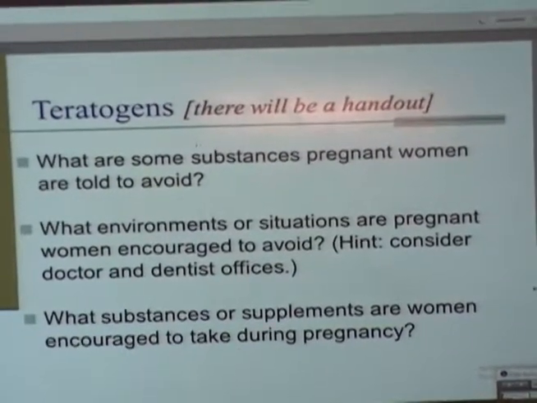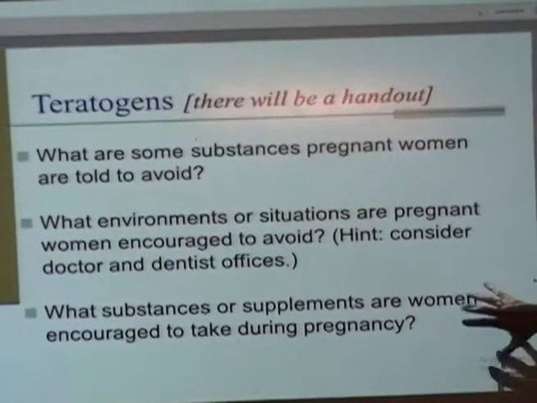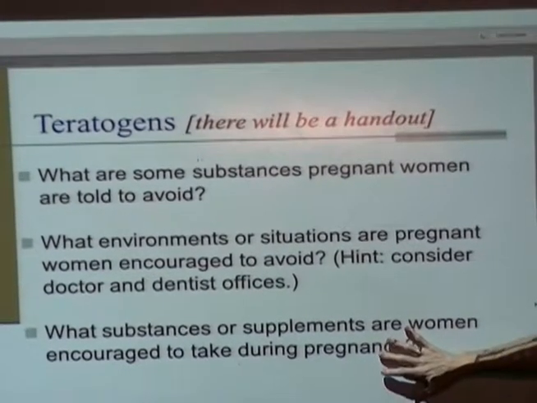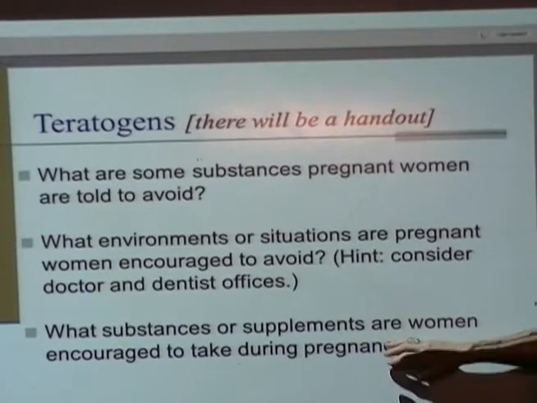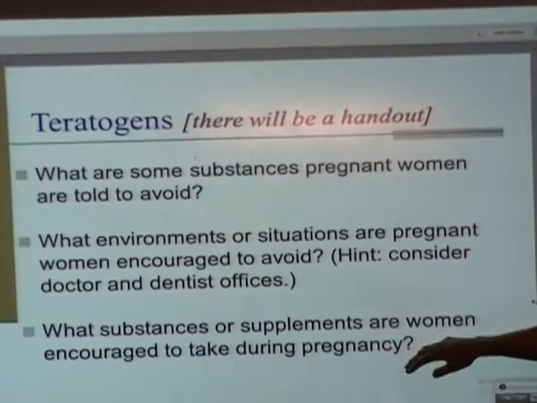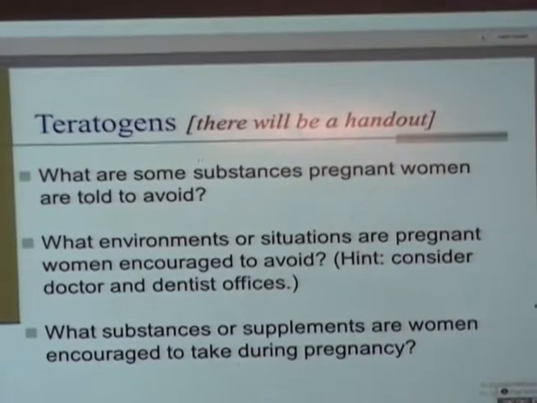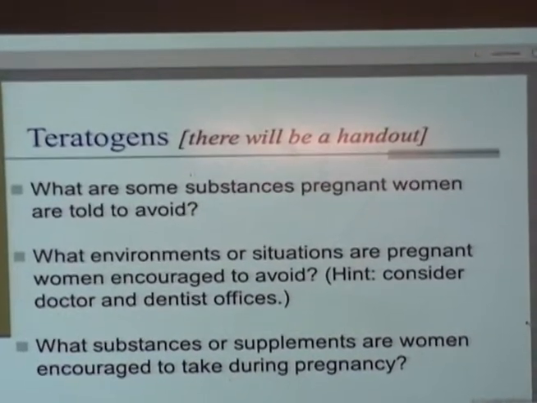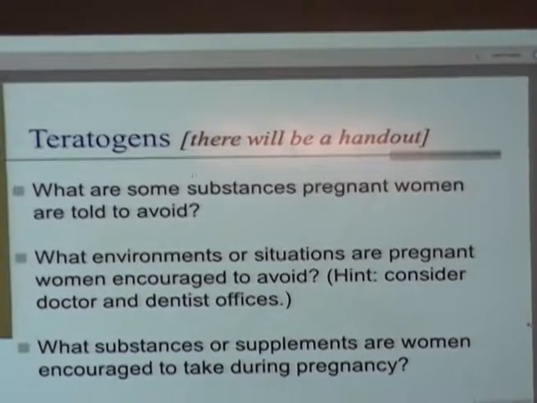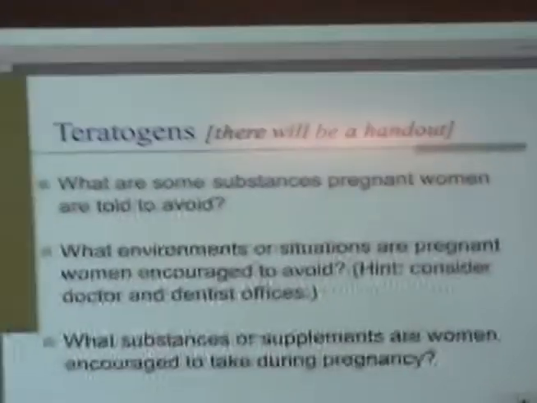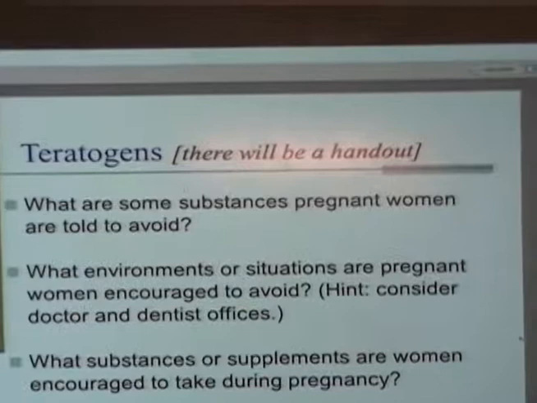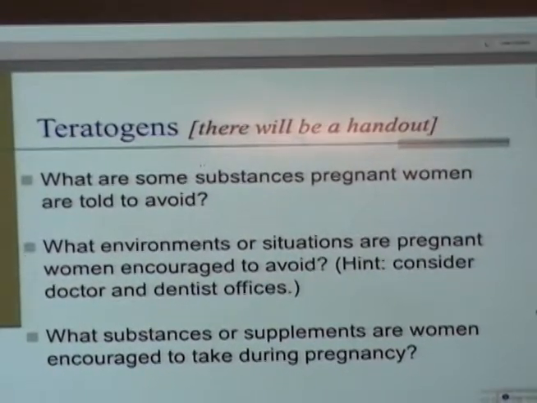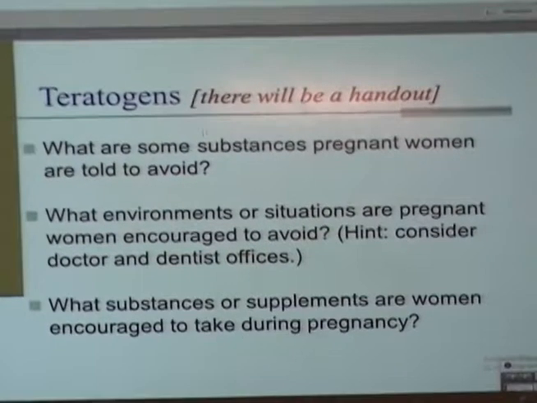Folic acid is a supplement that if you know you're pregnant, it's likely you will be advised, especially if you are older, you'll be advised to take folic acid supplements. So there are things you can do to make as certain as you can be that the baby will be strong and healthy, and there are things that you need to not do, okay?